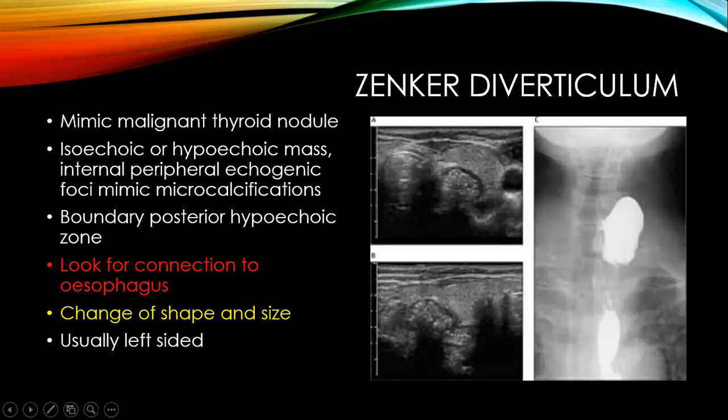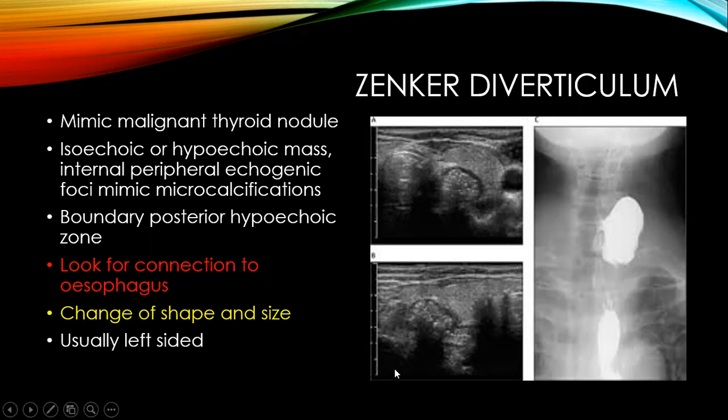It is usually seen as an isoechoic or hypoechoic mass with internal peripheral echogenic foci mimicking calcifications, these ones seen in the image. So this can mimic calcification. It has got this hypoechoic zone around the mass or the lesion. We also need to look for connection with the esophagus, and it usually changes in shape and size.